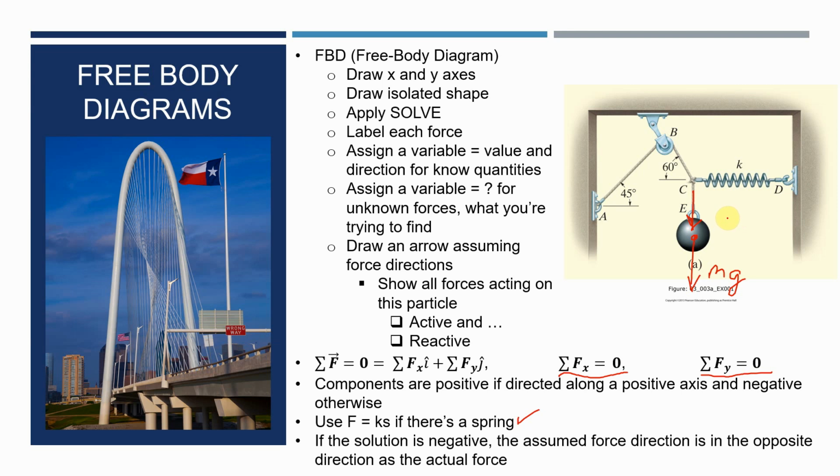So Fe equals a negative mg, which means the assumed direction downward is wrong. Let's try to get the right direction starting out, but sometimes we miss it, but that's okay. All you have to do is just turn this arrow around.